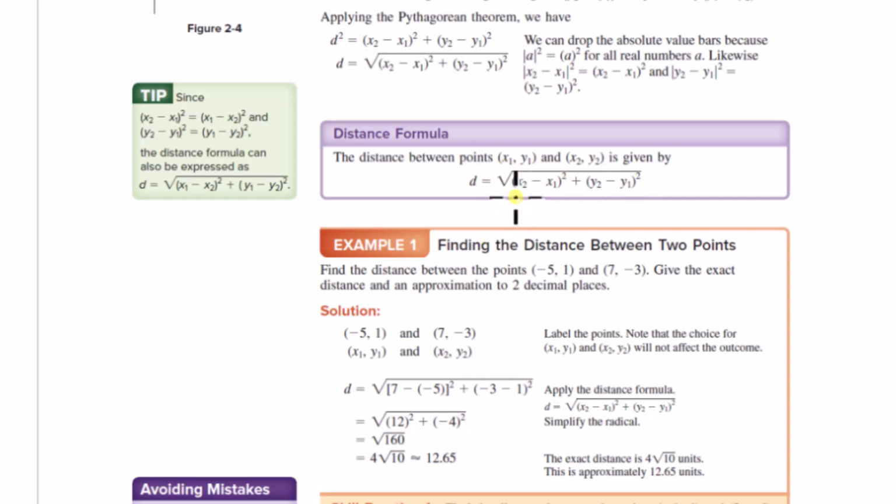And you can see why it doesn't matter which point you pick as point 1 or point 2, because you're squaring the difference anyway, so the minus is going to go away. And that's it. That's the distance formula.